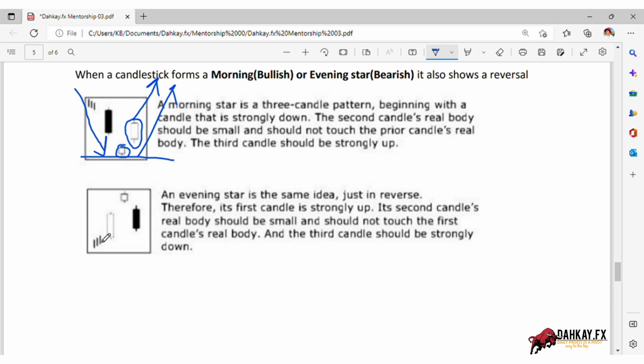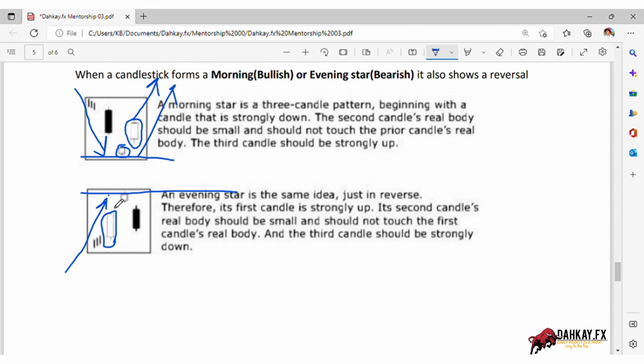So the same thing with the evening star, guys. The first candlestick must be strongly a buy, because our market was going all the way up. For example, let's say this is our resistance.